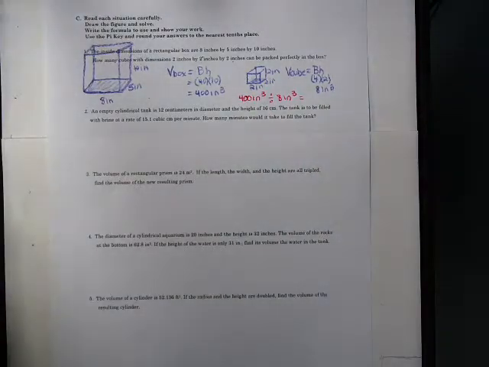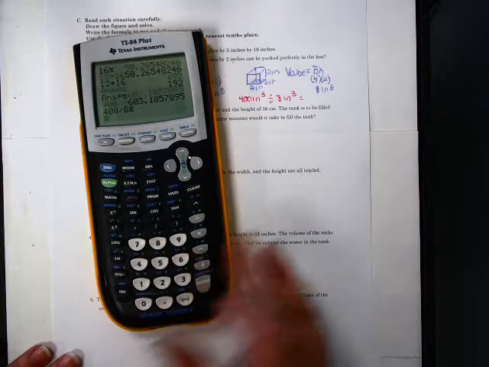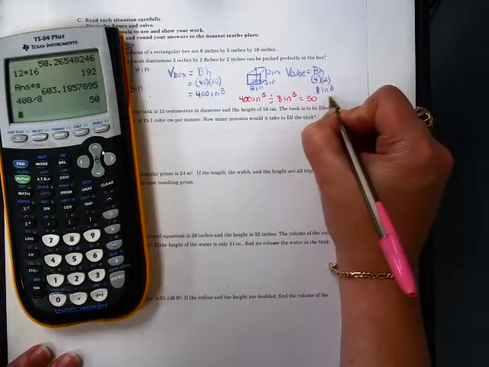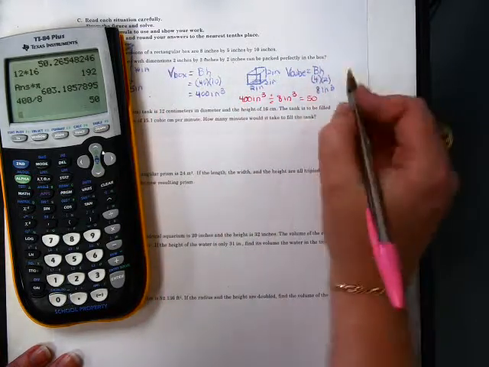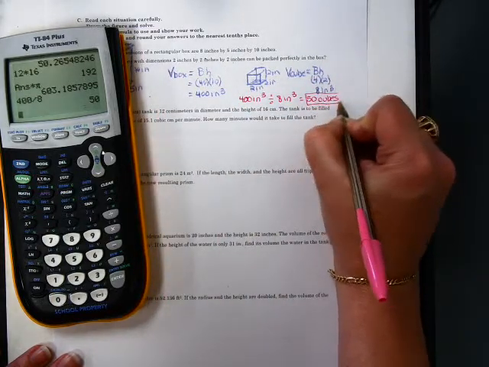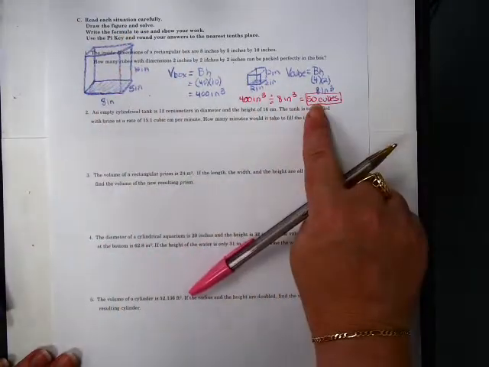So on my calculator, 400 divided by 8, that's 50. So that means 50, the answer is 50 cubes. Now make sure you label 50 cubes. It's asking you how many cubes will fit, so make sure cubes is your label.